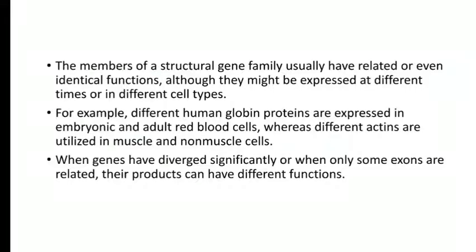When genes have diverged significantly, or when only some exons are related, or their products can have different functions, the mutations allow duplicate genes to acquire new or different functions.